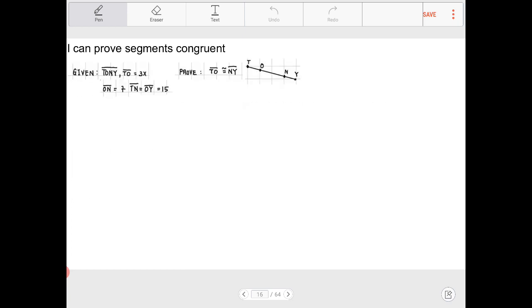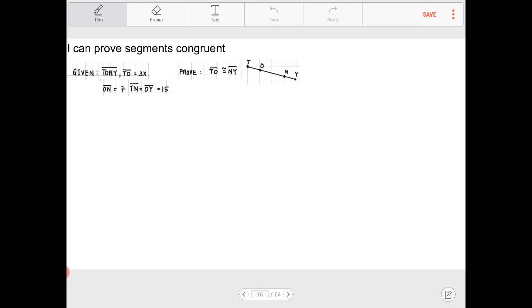All right, let's get to one of the first problems here. You're given that ON is equal to 7, and TN is equal to OY, which is equal to 15. And we need to prove that TO is congruent to NY.